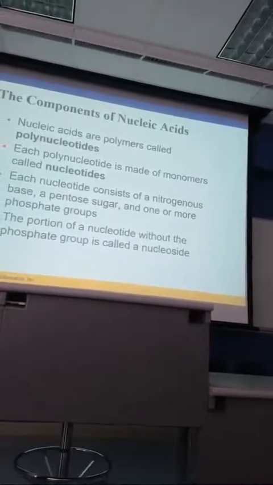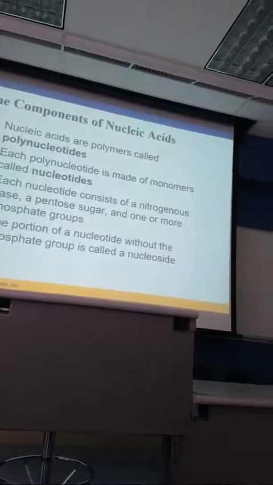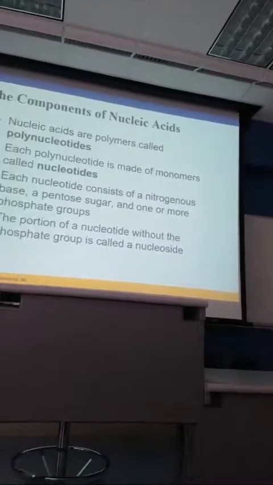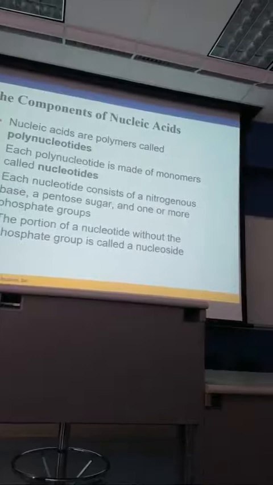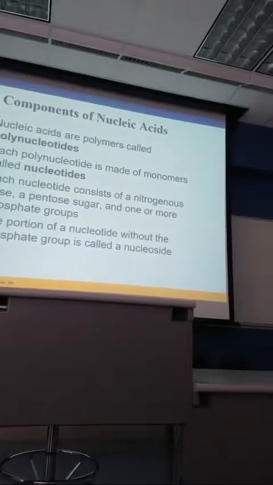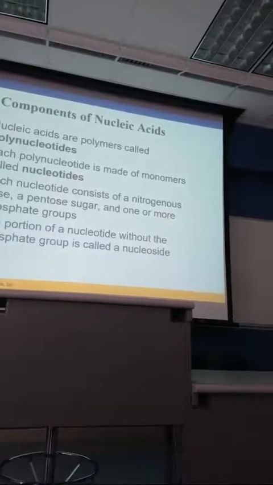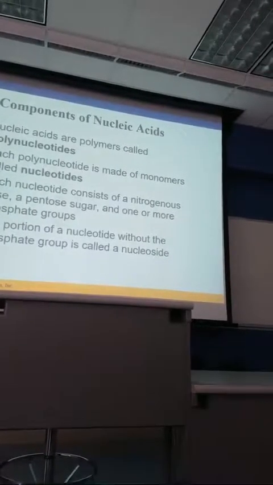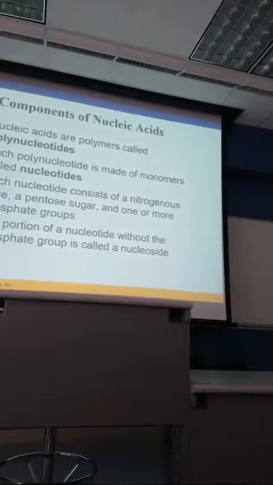Now notice here, a nucleotide consists of a nitrogen base that we've talked about, a pentose 5-carbon sugar, and one or more phosphate groups. Carbon sugar is ribose.